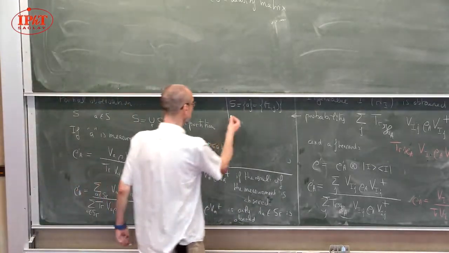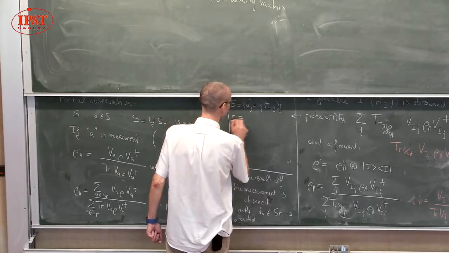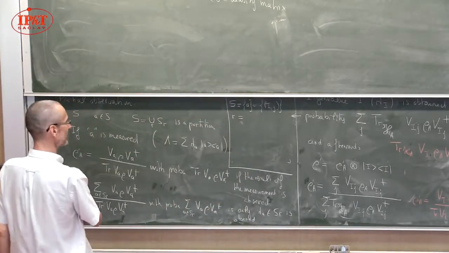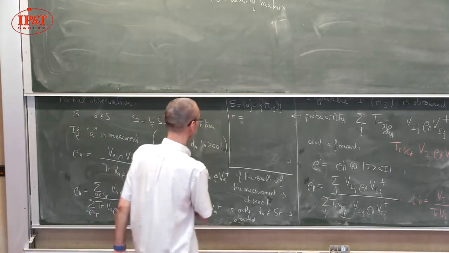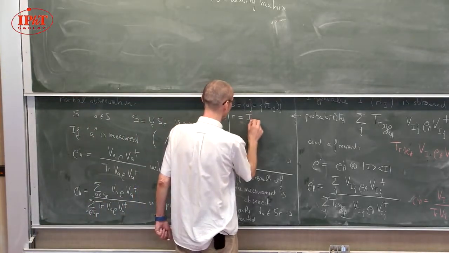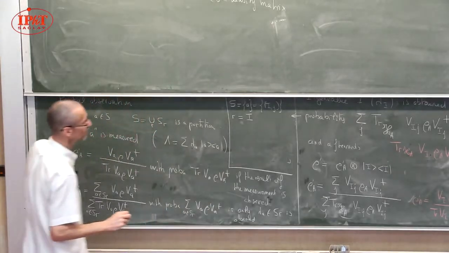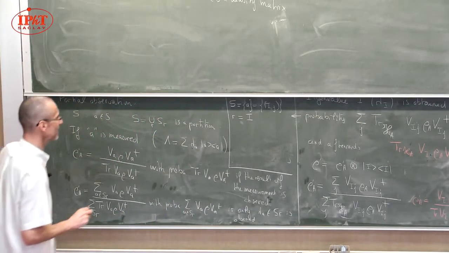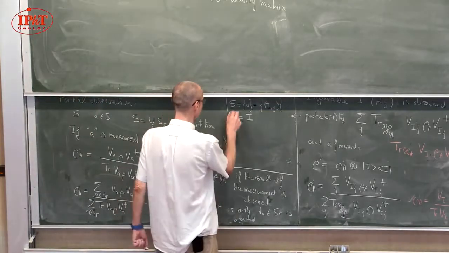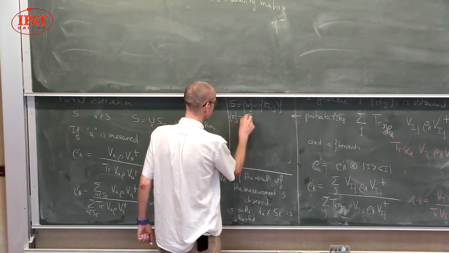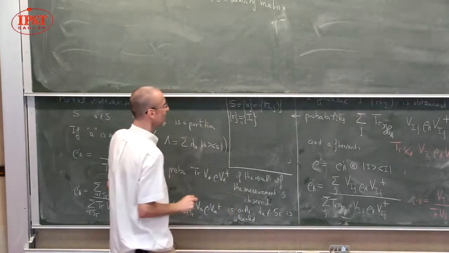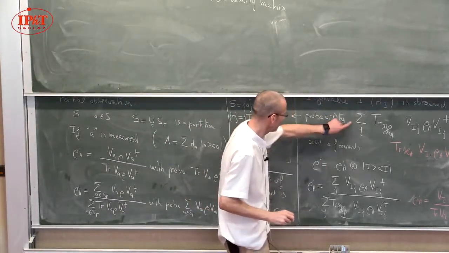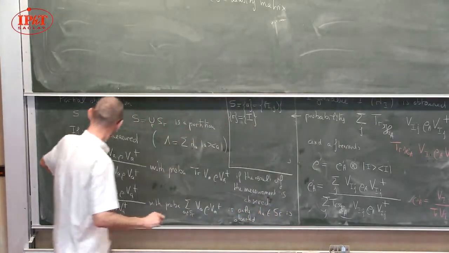And now I say that R is equal to, I guess, capital I. This is going to be fixed. Yes, okay, and I say that the set of R's is the set of capital I's. You see that these two formulae are exactly those two formulae.